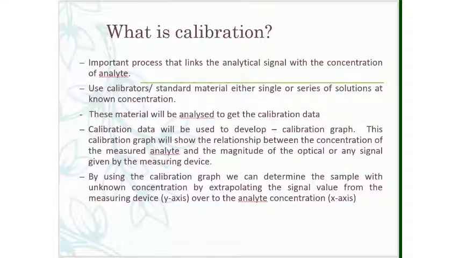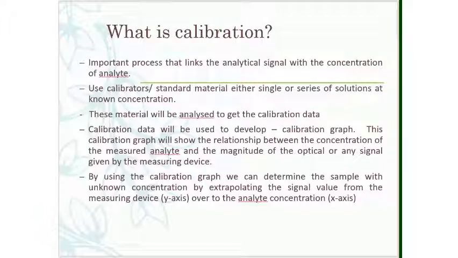So what is calibration? It is an important process that links the analytical signal with the concentration of analyte. We use a calibrator or standard material, either a single solution or a series of solutions at known concentration. This material will be analyzed to get the calibration data. Calibration data will be used to develop the calibration graph.